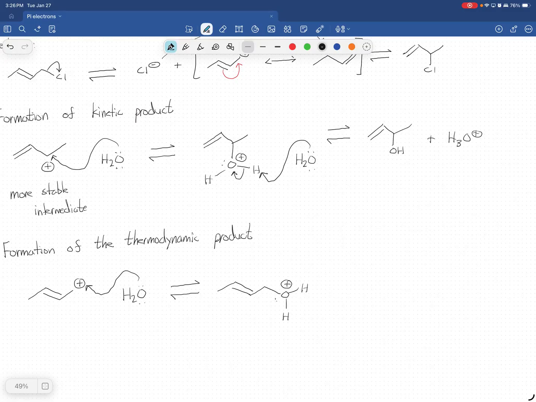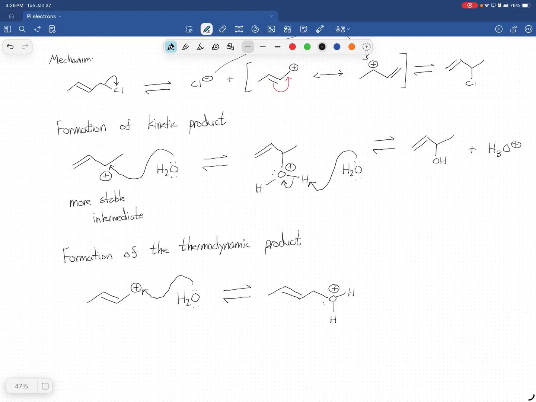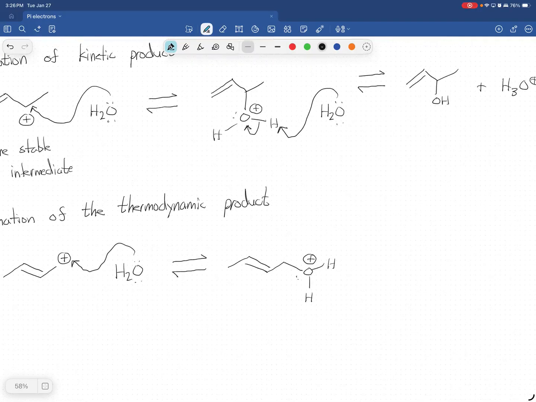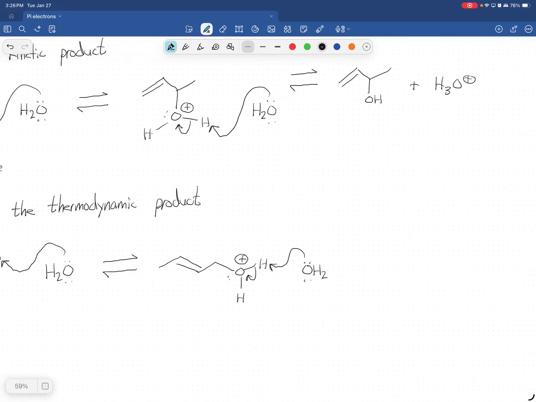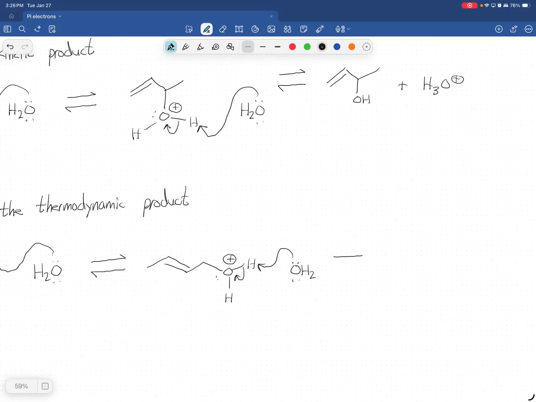What happens here is you will get another water molecule, and then we get this alcohol right here.